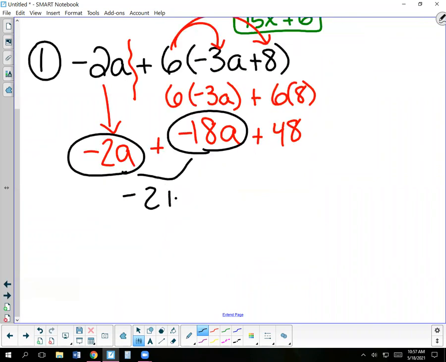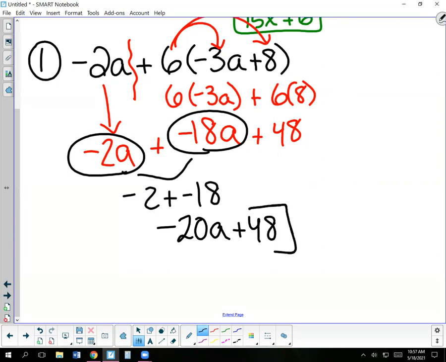So negative 2 plus a negative 18, that's addition, so keep it bad. Negative 20, and then you bring down the other number. So again, make sure you are really focusing on, am I multiplying or am I adding or subtracting? That is the biggest thing that I'm going to see errors with.